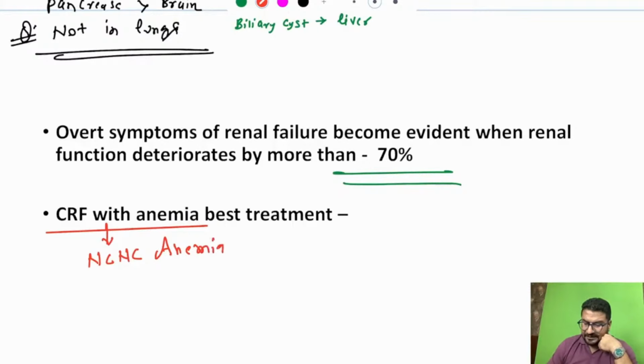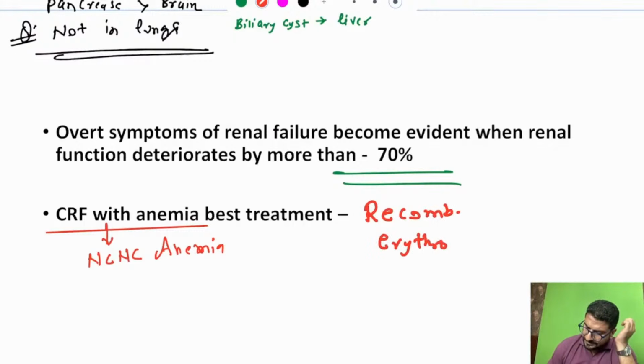For this anemia the best treatment, we can use iron supplementation, we can use blood transfusion, but what is best will be recombinant erythropoietin. So best is recombinant erythropoietin, like we have epoetin alpha, darbepoetin alpha.